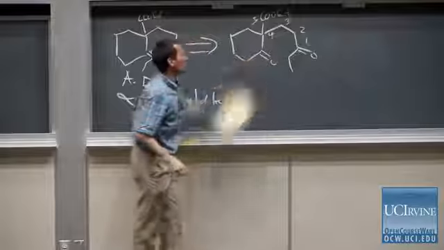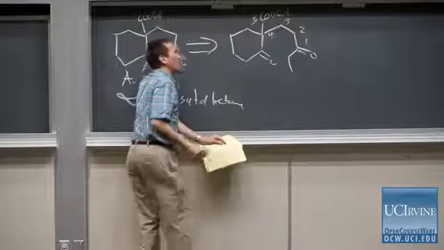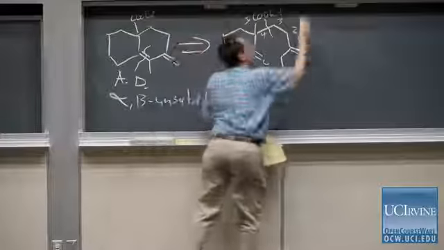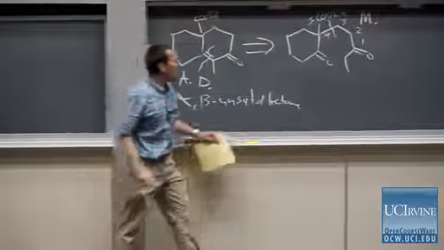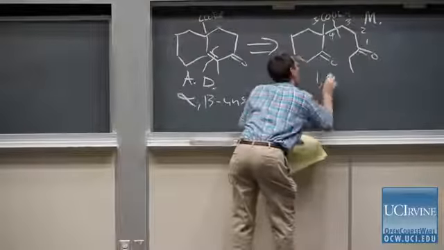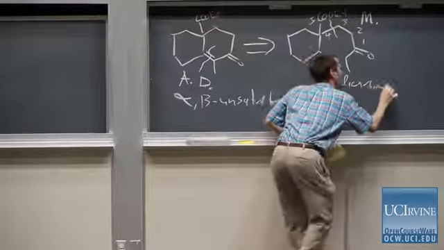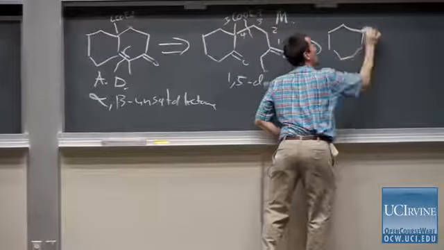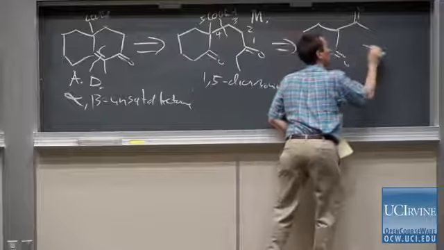I can number to either carbonyl, it doesn't really matter. This is a 1,5-dicarbonyl compound that could have come from a Michael addition. So there's the M in our MAD. And so we again go backwards, and now we're at this particular precursor and our enone.